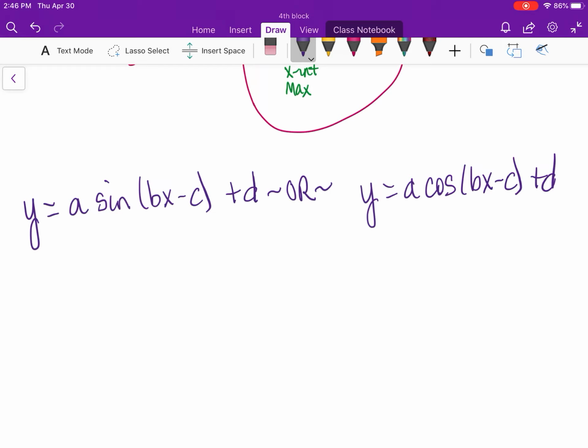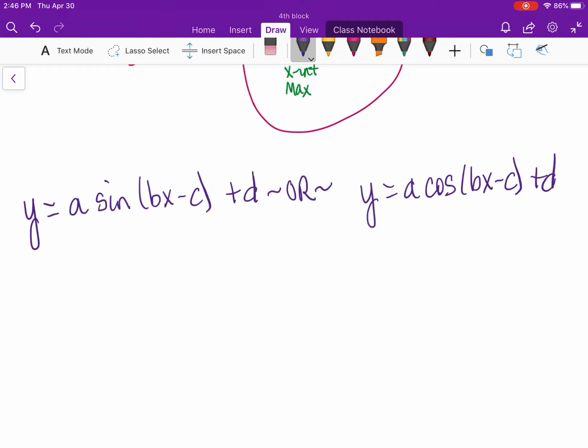Okay, what we're going to look at now, the a, b, c, and d, how do those variables affect the graph? So when you have a number in place of the a, b, c, or d, what does that do to the graph?